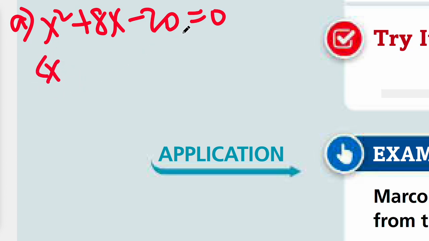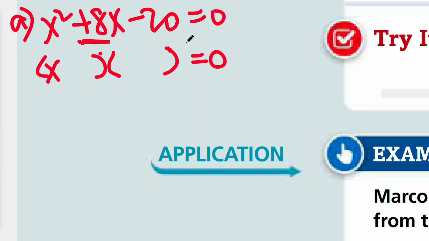Would we have a nice little factor like that? Yeah, so there are a lot of factors. 1 and 20, 2 and 10, and then 4 and 5. Those are the pairs of factors of 20, negative 20, right? But one of them has to be negative, one of them has to be positive. And so 20 and 1 would probably not make a sum of 8, right?